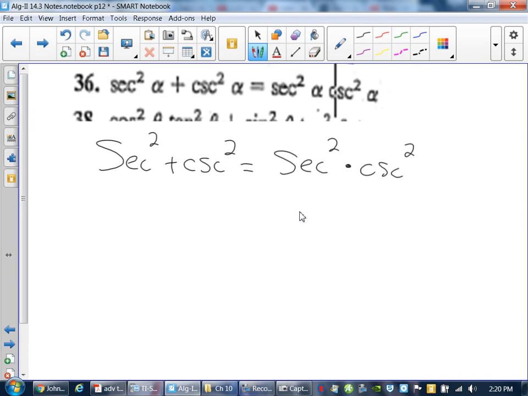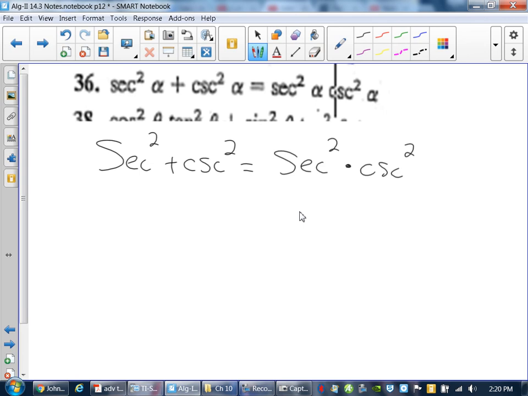Now, if you notice, the left has addition and the right has multiplication. Usually the only way that can change is because they got a common denominator. This is a big hint. When you see addition on one side turn into multiplication on another, that usually means you had to do some sort of common denominator in order to make that work.